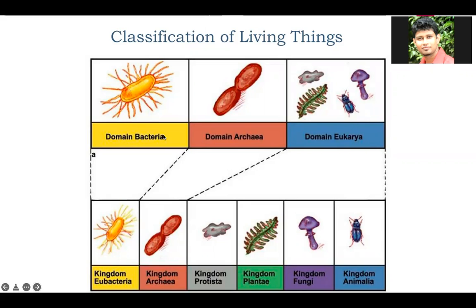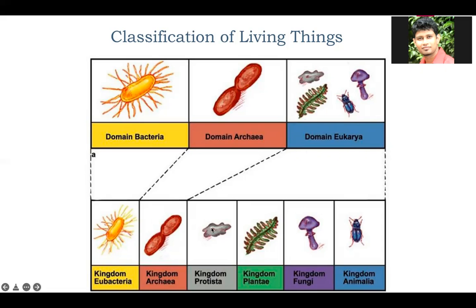Under domain bacteria, there is kingdom Eubacteria. Domain Archaea has kingdom Archaea. And domain Eukarya has Protista, Plantae, Fungi, and Animalia.